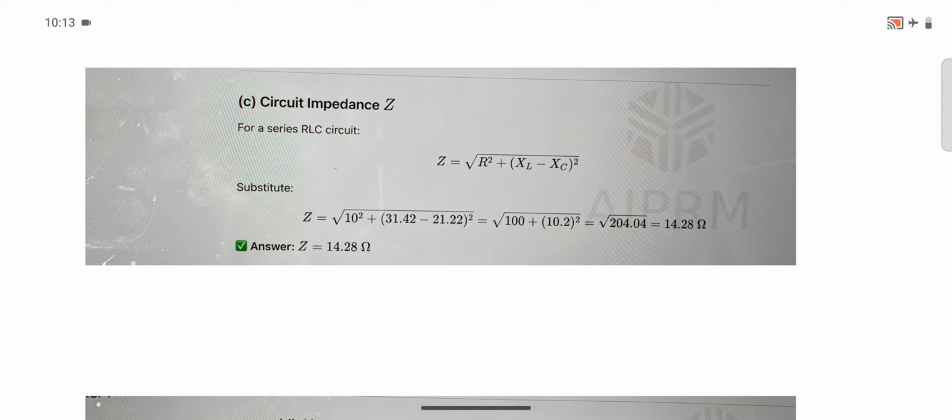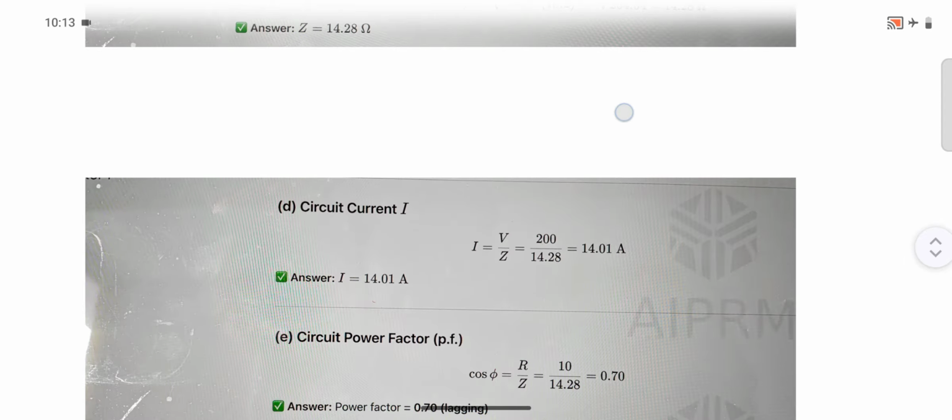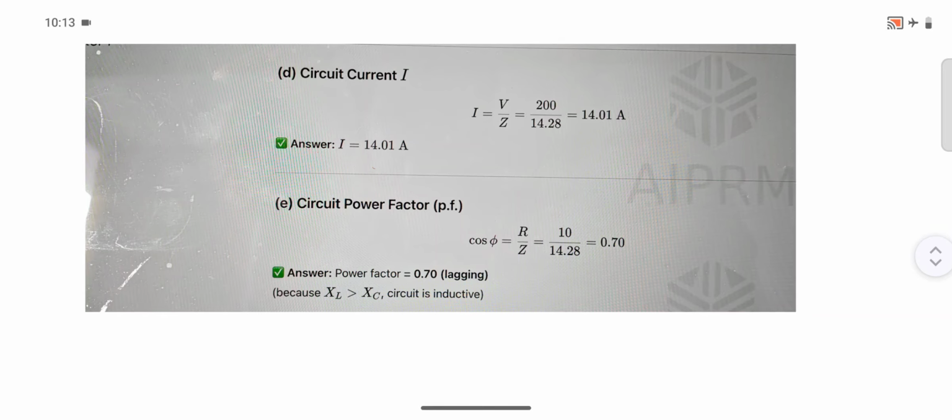We have already calculated the values of XL and XC, and the resistance value is given. So the value of circuit impedance is 14.28 ohm.